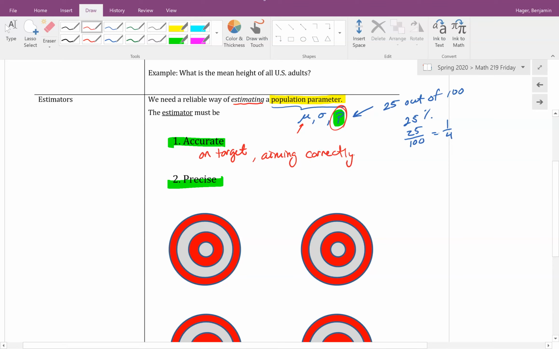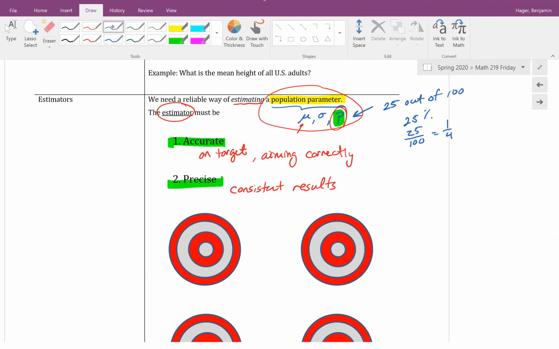By precise, we mean the results are tightly clustered around the target. They are hitting the same spot or nearly the same spot consistently. With those two things, we can feel pretty comfortable that our estimator is doing a good job of finding the true value of one of these parameters.